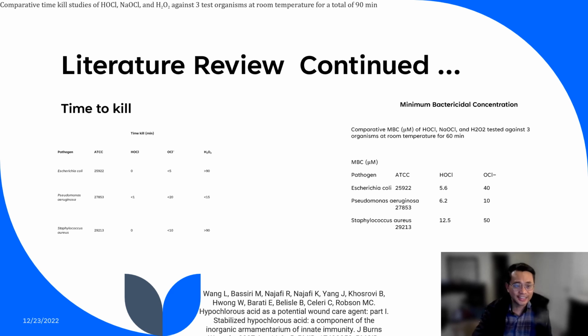So moving on, the time to kill is an in vitro measure of how fast a given antimicrobial solution could kill a test bacteria. In this study, they compared hypochlorous acid, hypochlorite, and hydrogen peroxide, as far as how fast they could kill a test bacteria.